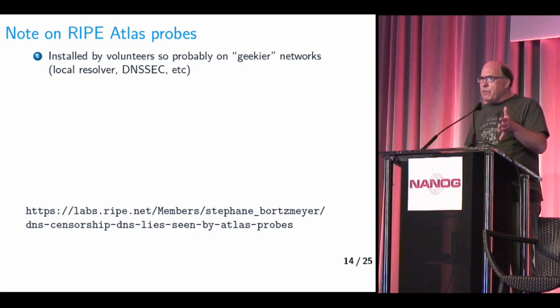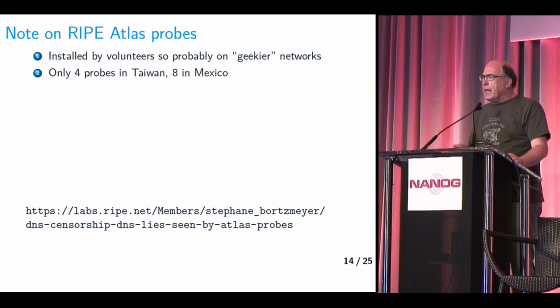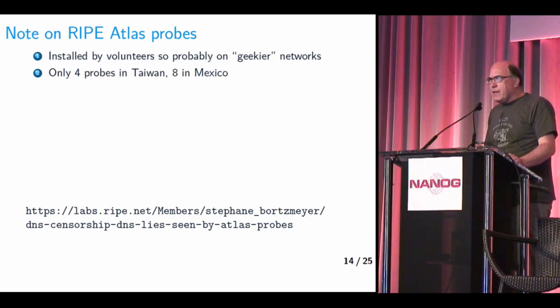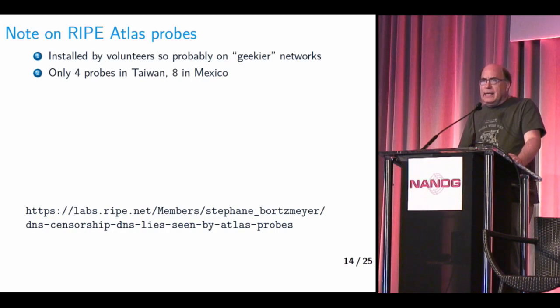I don't remember the number, but more Atlas probes have a DNSSEC validating resolver than the average user. Also, because probes are installed by volunteers, in some countries you don't have a lot of them. For instance, there are only 4 probes in Taiwan, which does not reflect the size of the country or the deployment of the internet. And only 8 in Mexico, so if you can install a probe in Mexico, it would be very useful.